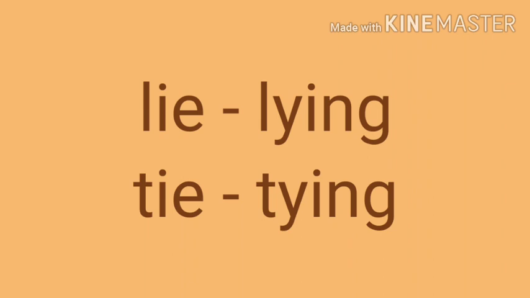L-Y-I-N-G, lying. Similarly, the verb tie, T-I-E, tie. We drop the letters I-E and we add Y plus ing. T-I-E becomes T-Y-I-N-G, tying. Remember these points when you convert a verb in its ing form.